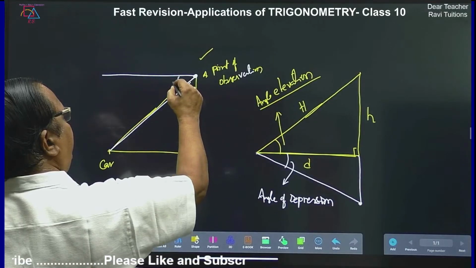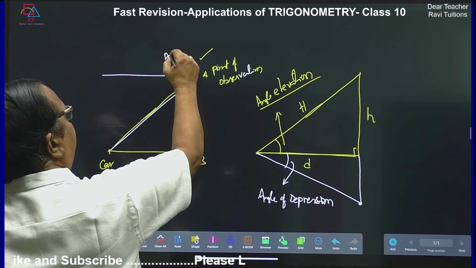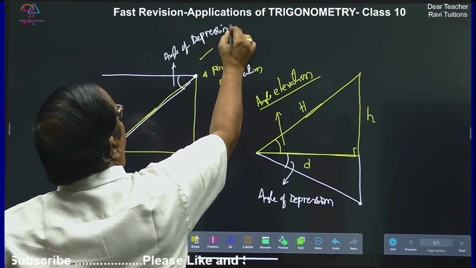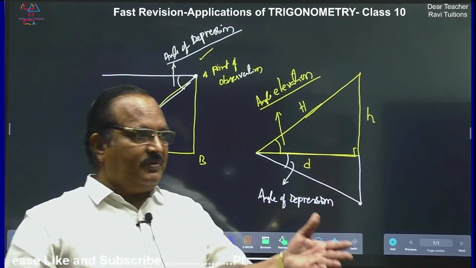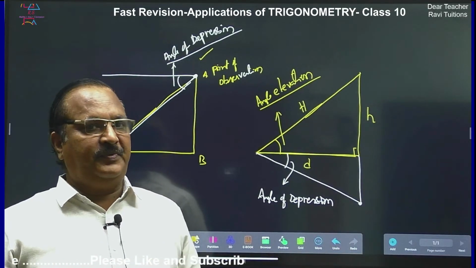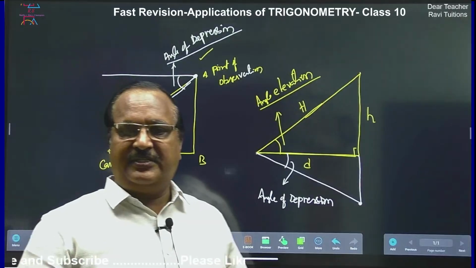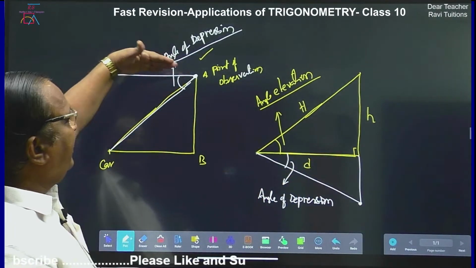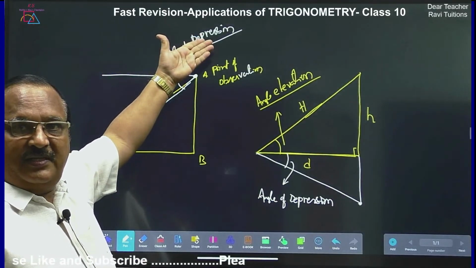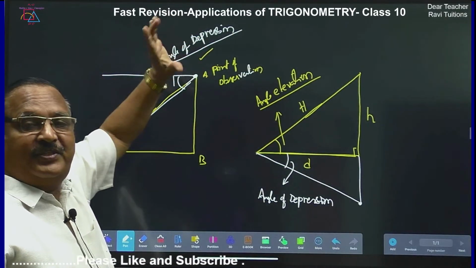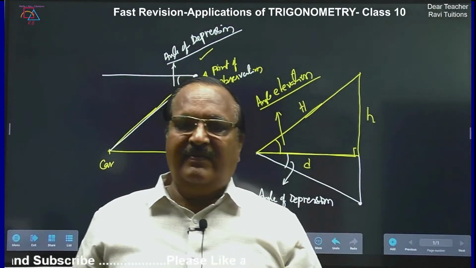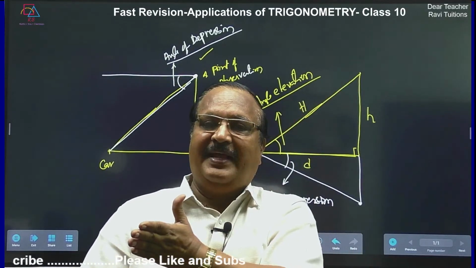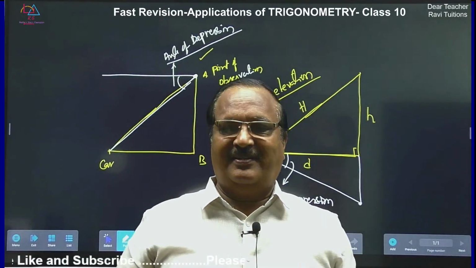So this will be called the angle of depression. Whenever there is a point of observation, you will have a horizontal. Here I have drawn the horizontal. So the angle of depression or angle of elevation will definitely be between the line of observation and the horizontal.